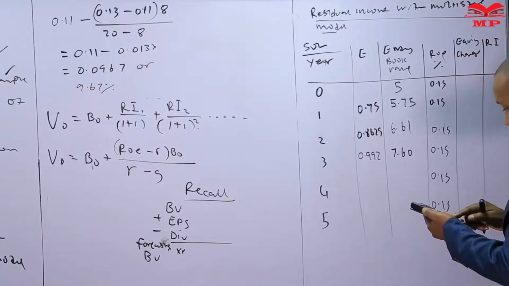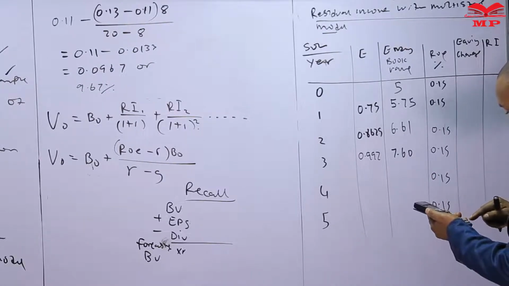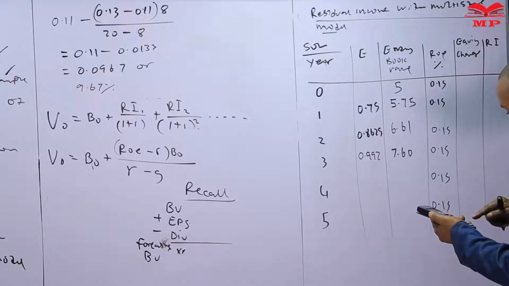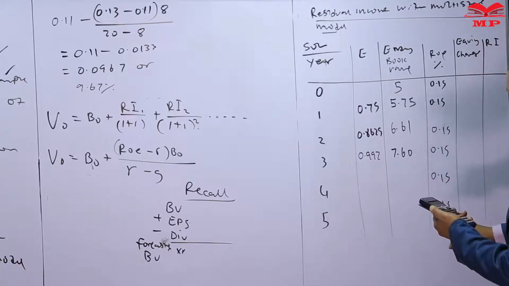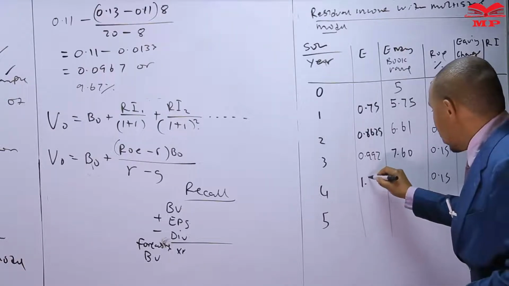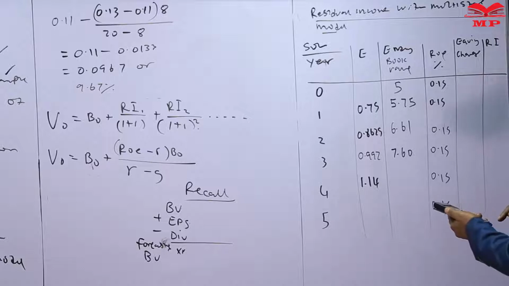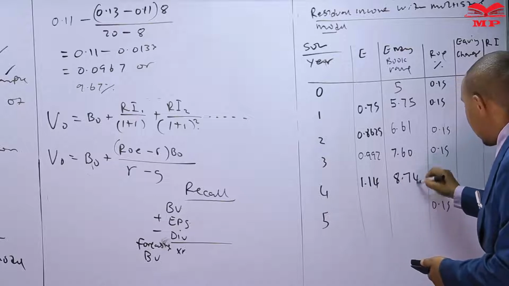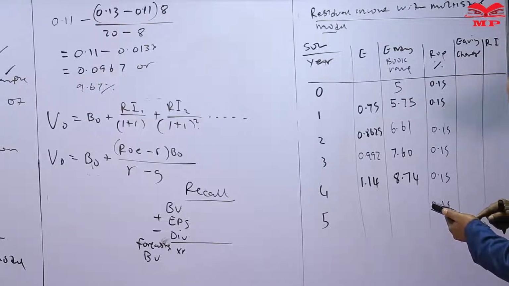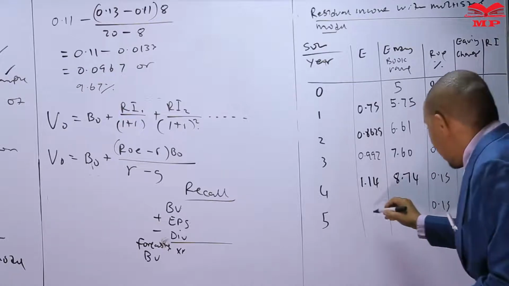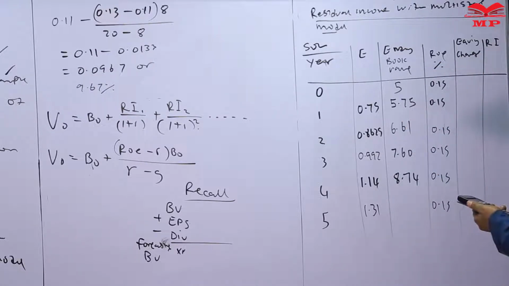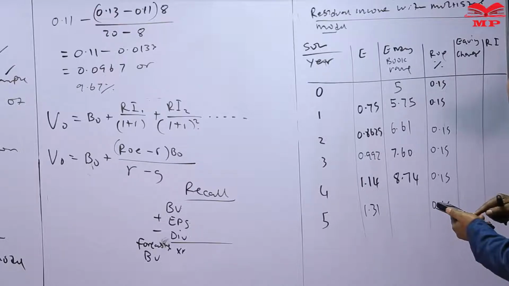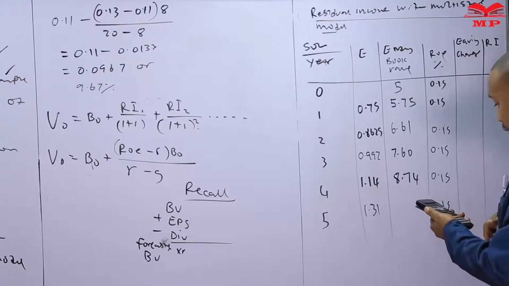This times that, 7.6, apologies, 7.6 multiplied by 0.15, 1.14, plus 7.6, 8.74, multiplied by 0.15, 1.31, plus 8.74, 10.05.